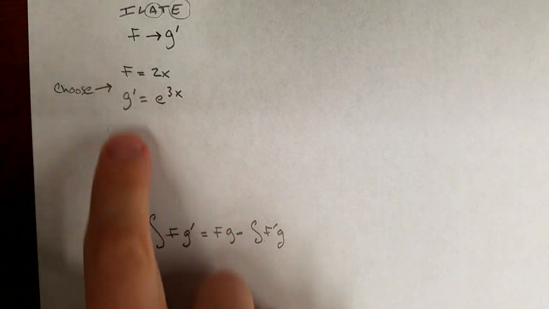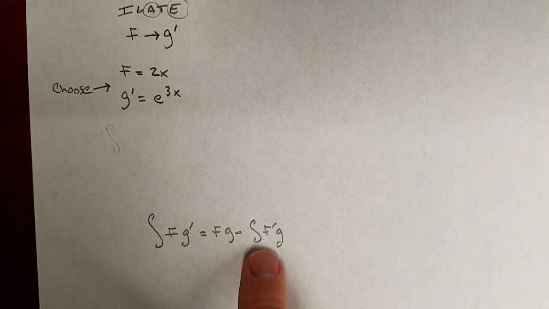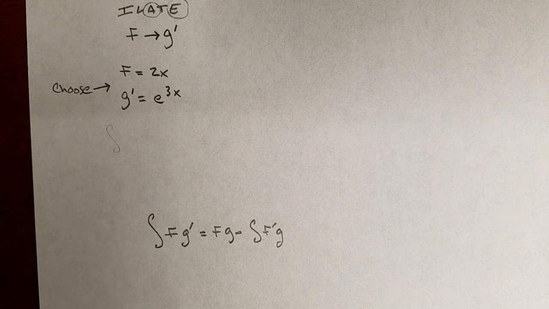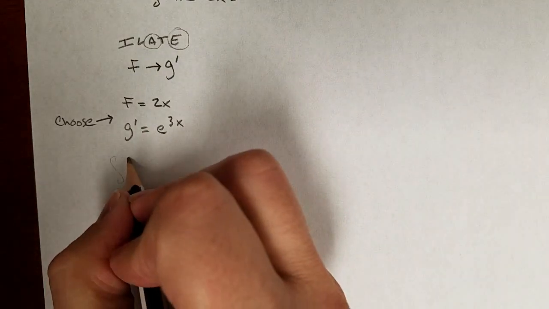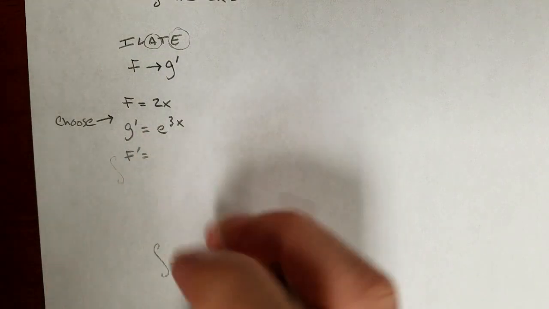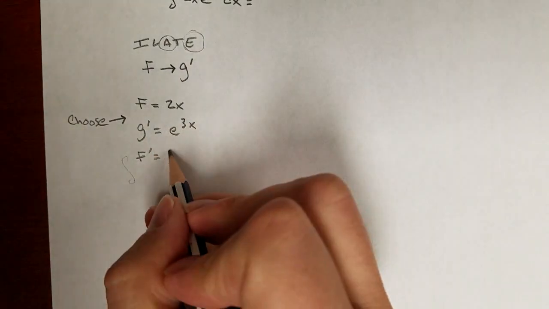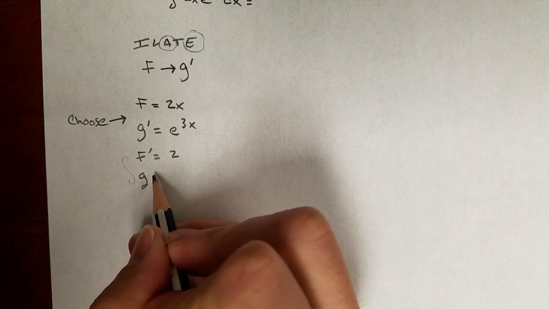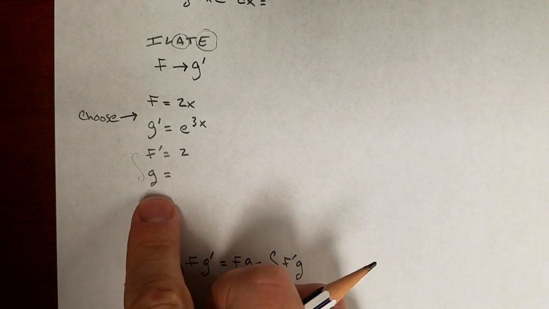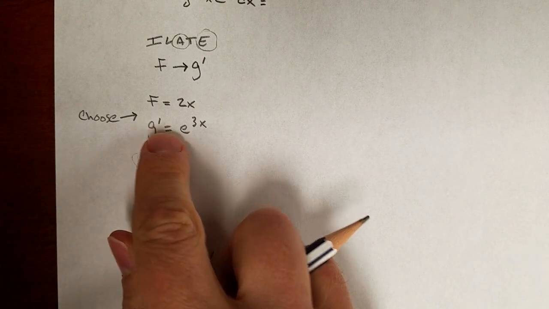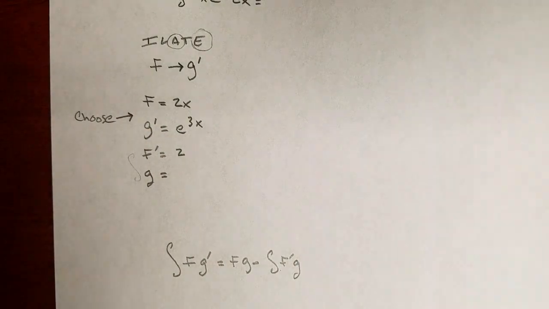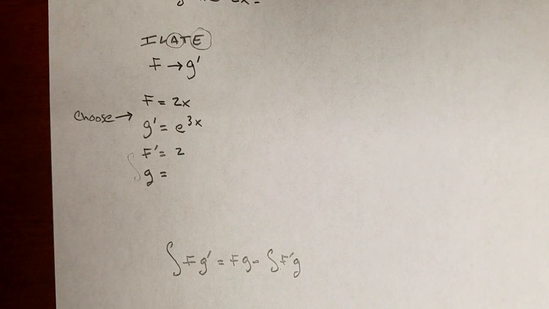Okay, so let's see. Obviously, we've got f and g prime. We need f prime and then also g. So here goes. F prime: what's the derivative of 2x? It's just going to be 2. G is whatever you take the derivative of to get e to the 3x. It's the antiderivative of e to the 3x.